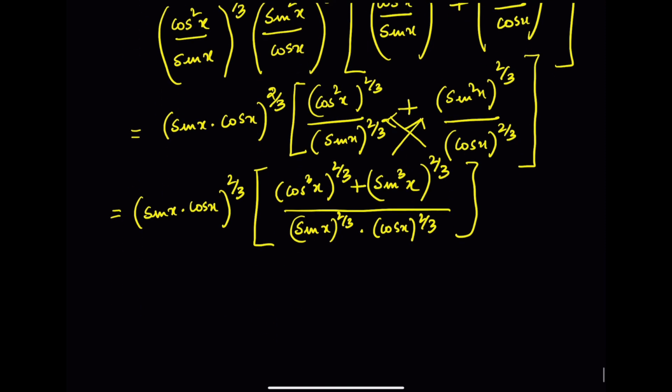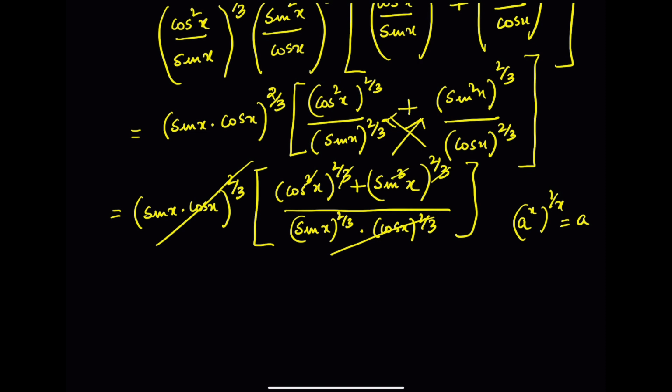Now if we see here, this part of the equation gets cancelled. Now we know the rule of exponent that a to the power of x to the power of 1 by x is equal to a. So here the cube root and the cube gets cancelled.